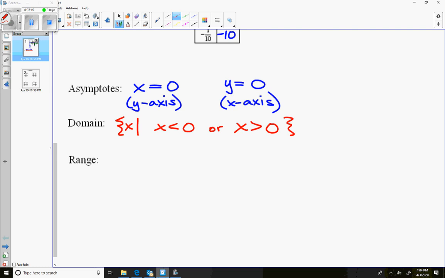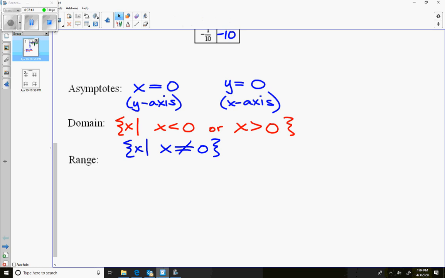Nothing wrong with that. But we're going to write it a little bit shorter. In other words, our domain is everything except when x is 0. So just simply say the set of all x's such that x does not equal 0. That's the easier way of writing our domain.